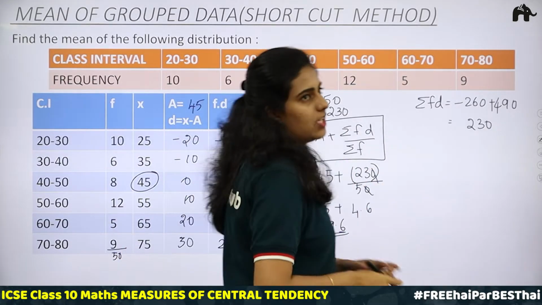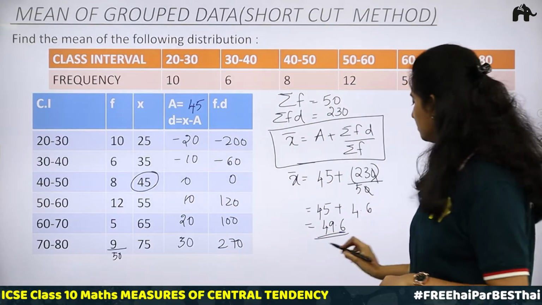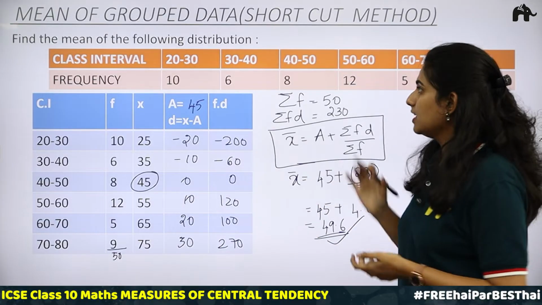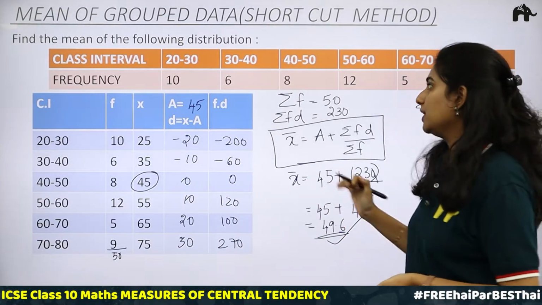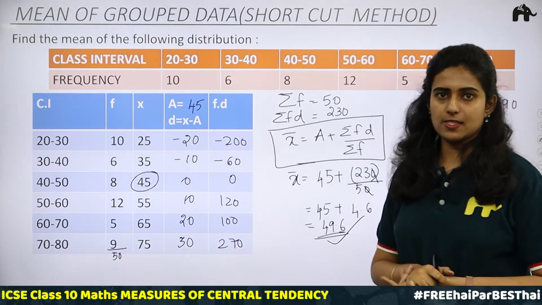The same answer we got with the direct method. You remember? 49.6 was the answer we got with the direct method. Whatever be the method, we will be getting the same mean. So, using the shortcut method also we got 49.6.